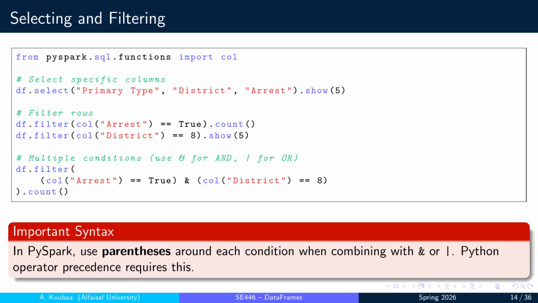Finally, we see how to combine multiple conditions. To find flights from SFO to ORD with a long delay, we chain conditions using the ampersand for an AND. It is very important to note that each condition must be wrapped in its own parentheses due to Python's operator precedence. This is a common mistake, so please remember this syntax.